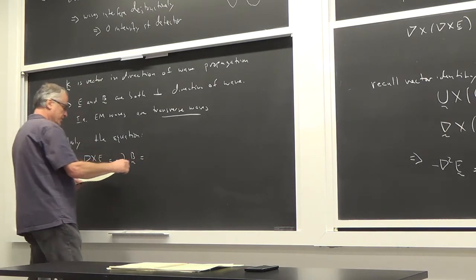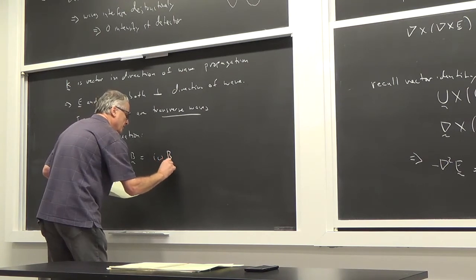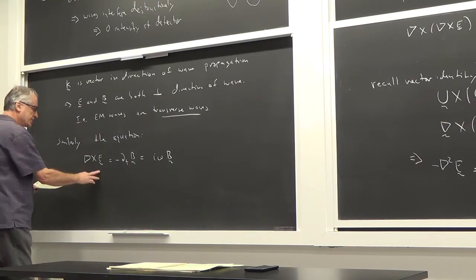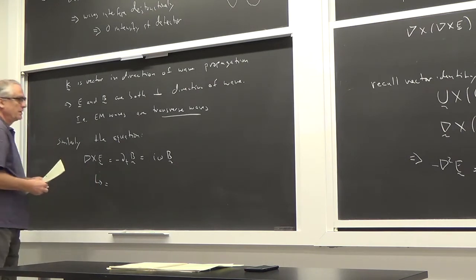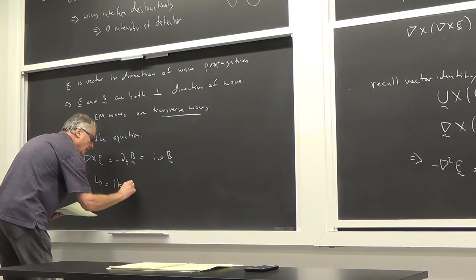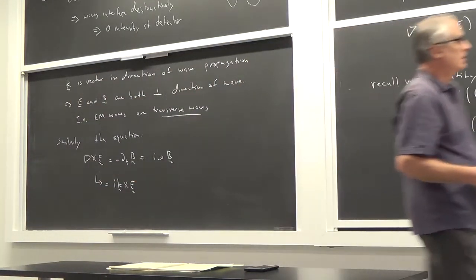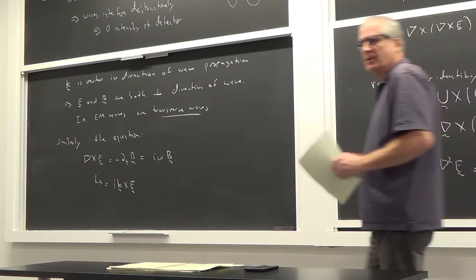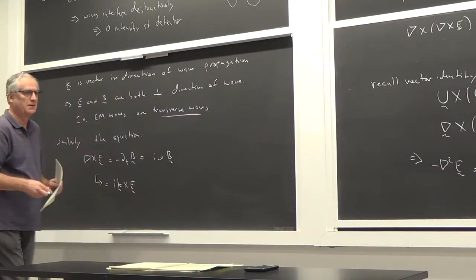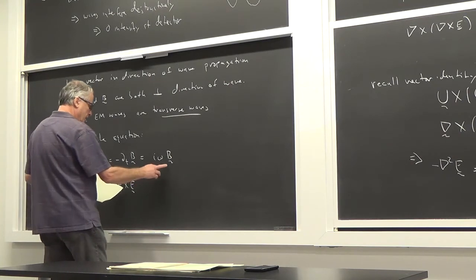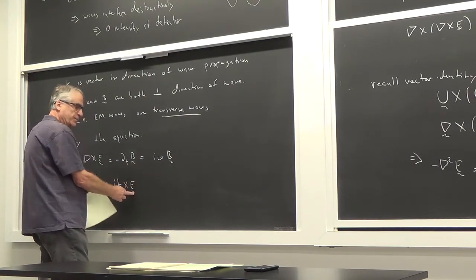With a minus i omega that cancels that, so I get an i omega times B. But del cross E brings down an i k cross E. Just do the same kind of manipulation, write out the del cross E in a similar way, except now the direction is going to be k cross E instead of k dot E. And so B goes like k cross E. So B and E in particular are orthogonal.